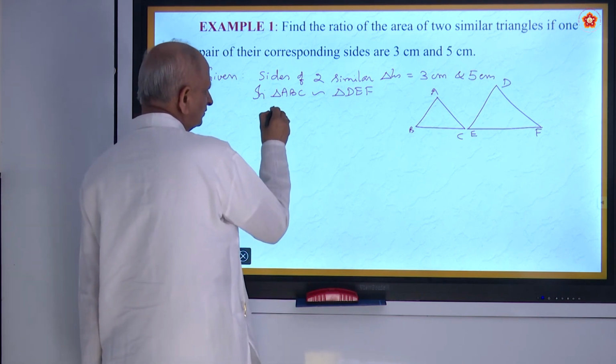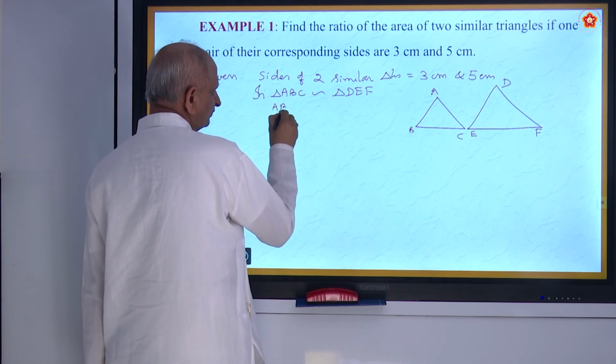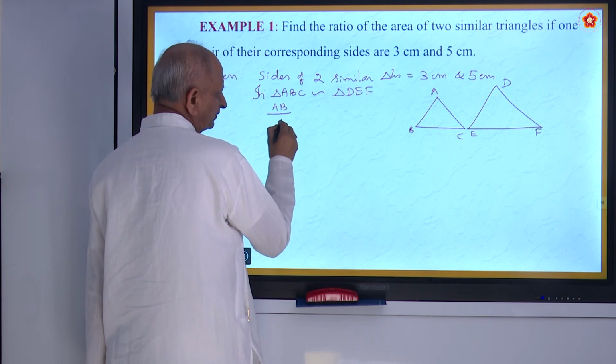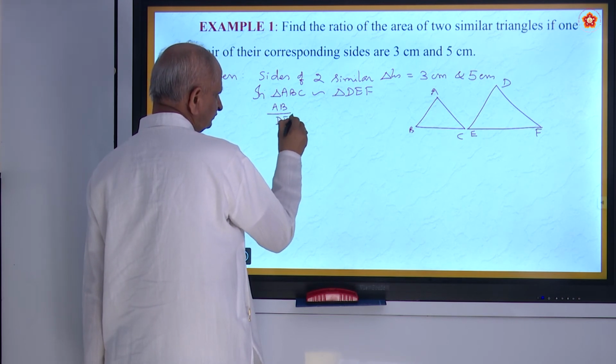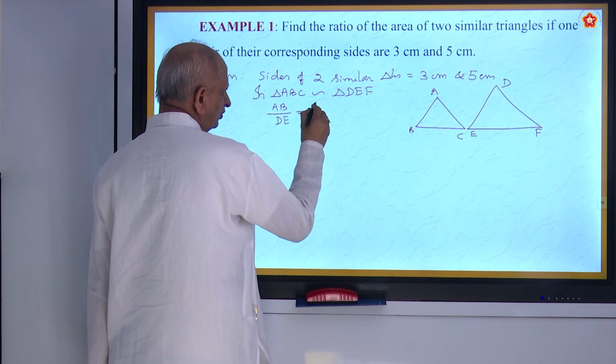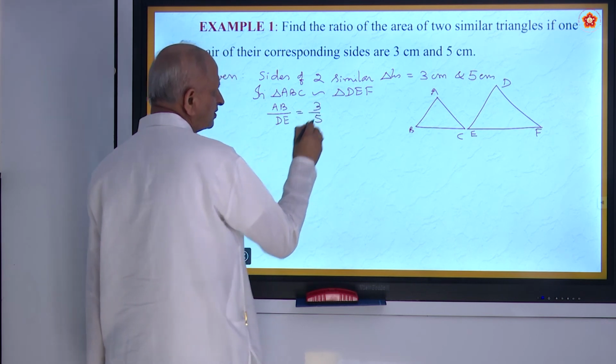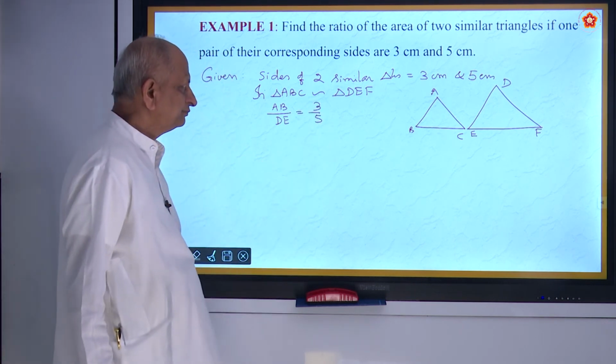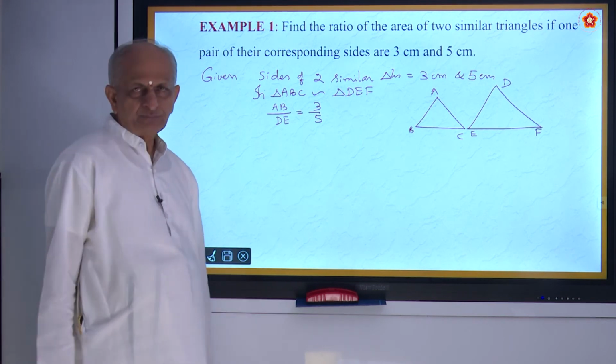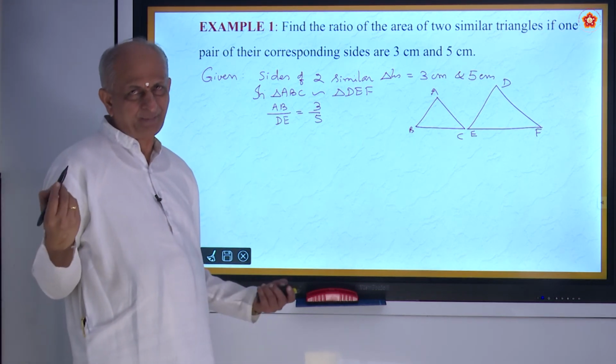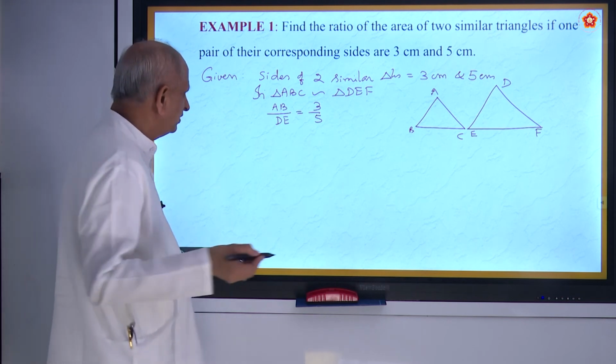So, you see AB by DE is equal to 3 by 5. You are given. You can give any name, X, Y, Z, P, Q, R, anywhere. So, that is given.